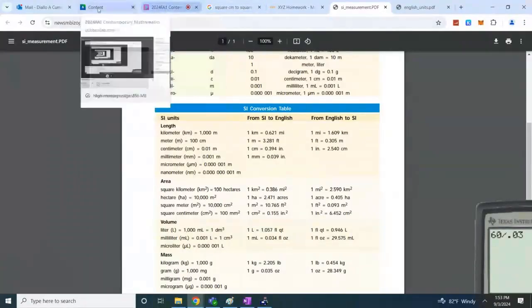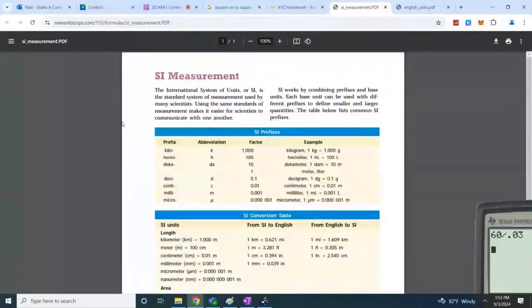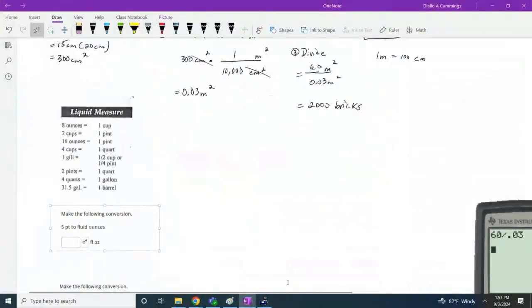Now, as far as liquid measures are concerned, 8 ounces is a cup, 2 cups is a pint, 16 ounces is a pint, 4 cups is a quart.